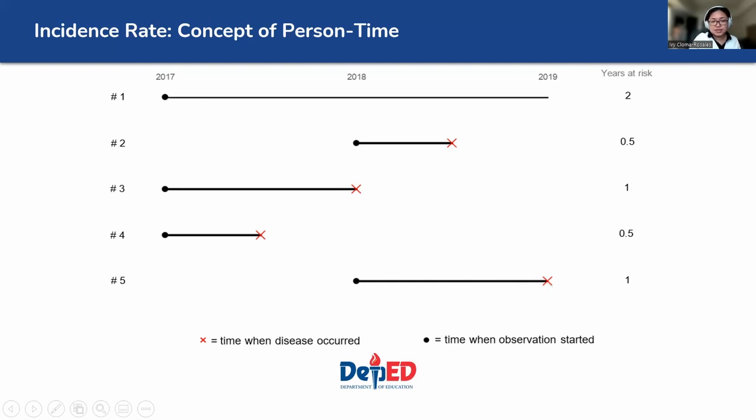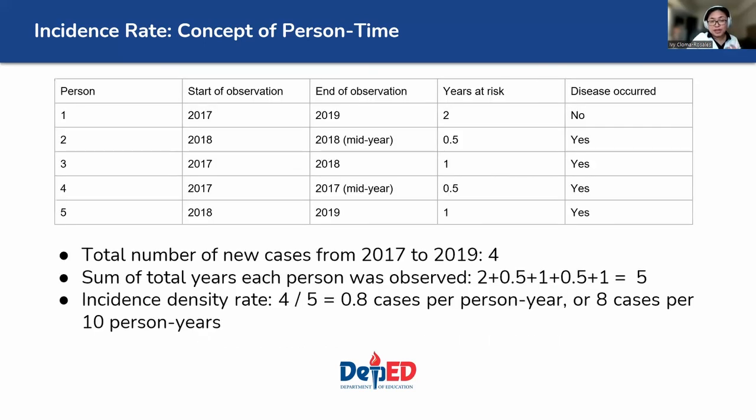So then you can tabulate it like this. There are the years at risk and whether they had the disease at that point. The number of cases was 4, but the total sum of years each person was observed was 5.